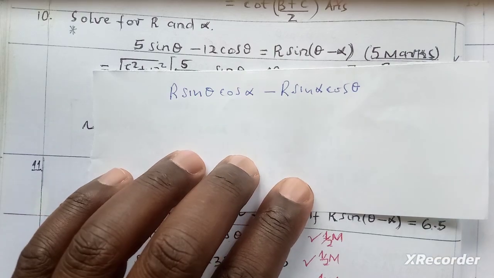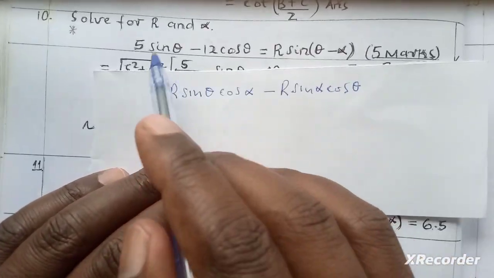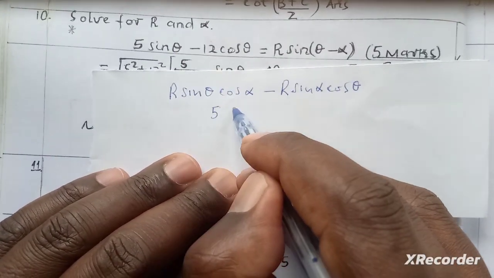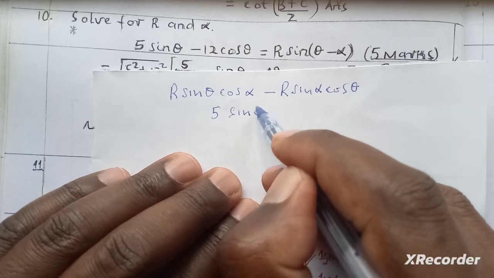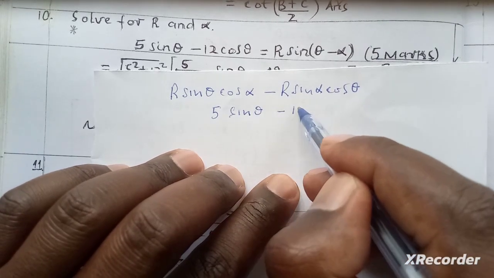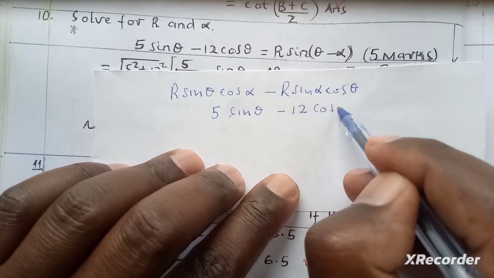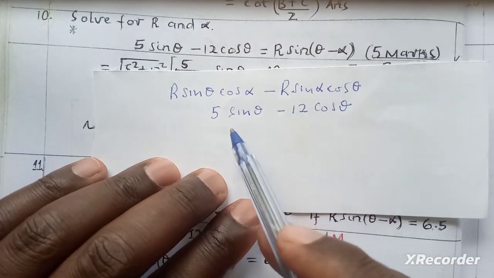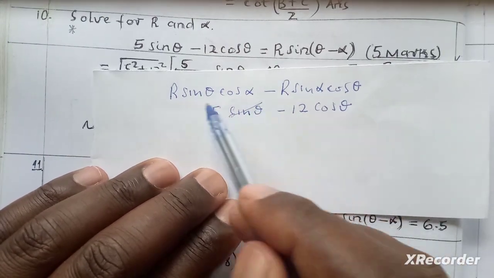It will be like that. So if you compare with this, that is 5 sine theta minus 12 cos theta, you find that this one is the same as that.